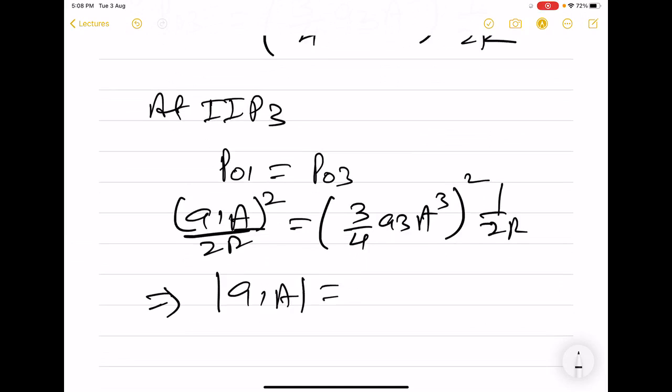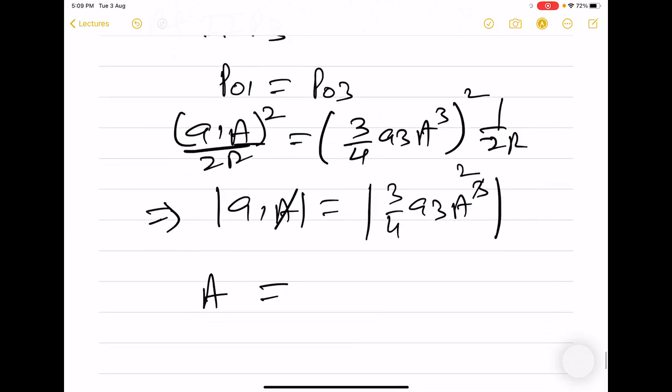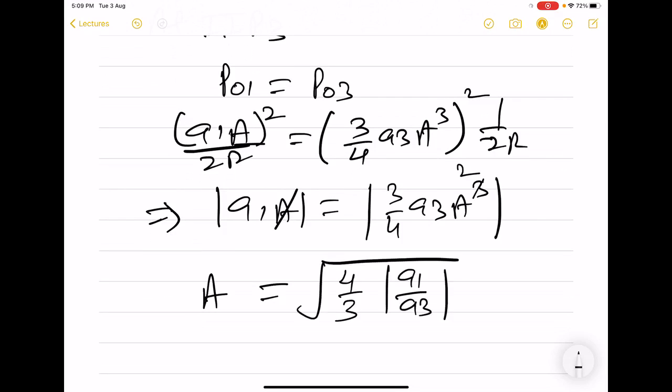We are taking mod because A1 and A3 are going to be of opposite sign. So here A will cancel out. And if we solve, A will turn out to be 4 by 3 mod A1 by A3.